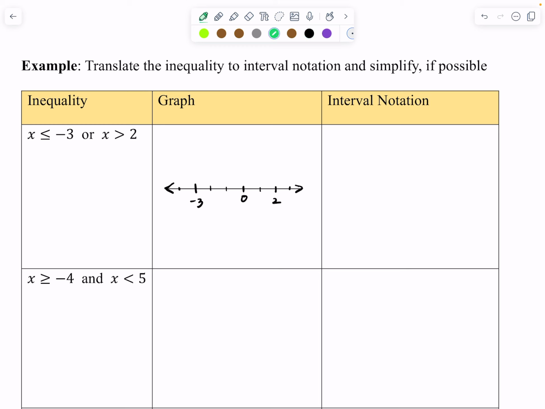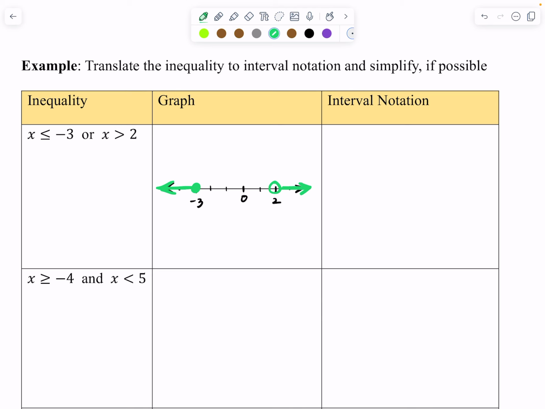So for x less than or equal to -3, -3 would be included, so I would use a solid dot. And then I would be shading to the left for values that are less than or equal to -3. And for x greater than 2, I would do an open circle and then be shading to the right.